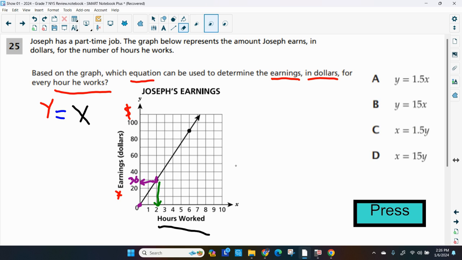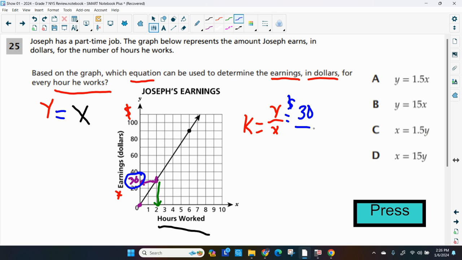So we have our formula for finding the constant of proportionality, because that's part of the equation we wrote right over there. That formula is y over x. So our y value is the 30 on the top, and that's dollars, over the number of hours down here, which was 2. And now we have a fraction that we can find the k value, or the constant.